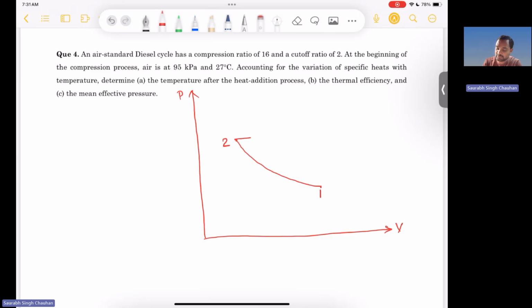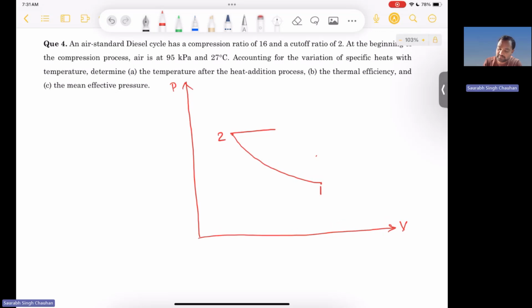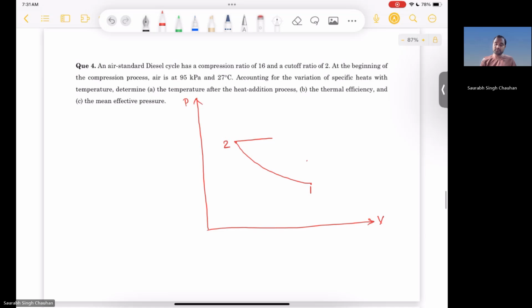This is isentropic compression. Then there is constant pressure heat addition, 2 to 3. Then there is power stroke, expansion. Then there is constant volume heat rejection.